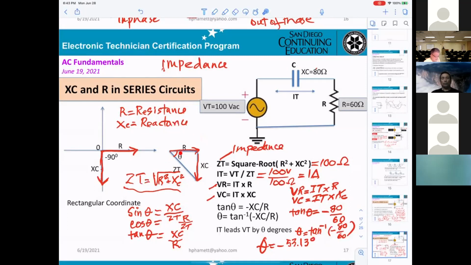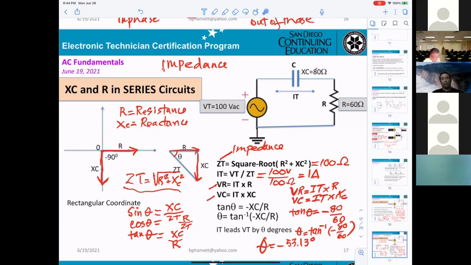Or cosine will be R divided by Z total. Or tan of theta will be equal to minus XC over R. That's very basic, we don't want to go into too much trigonometry, okay?